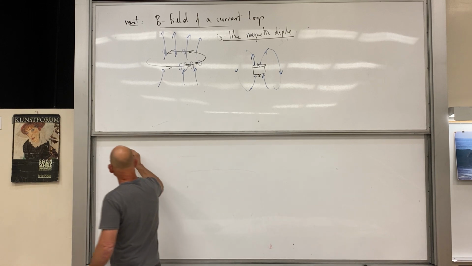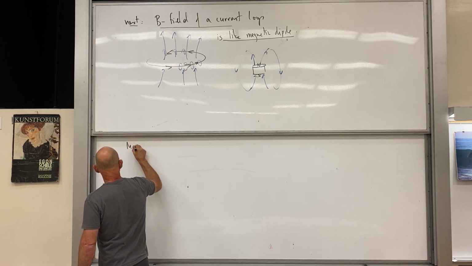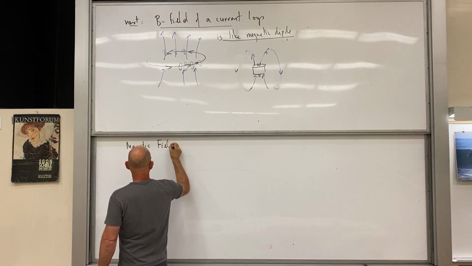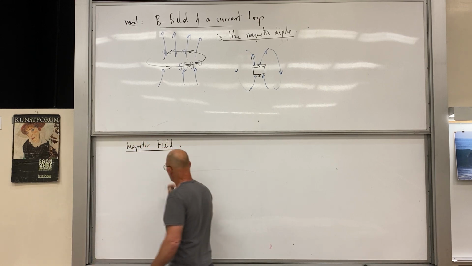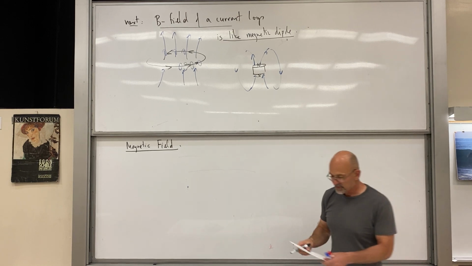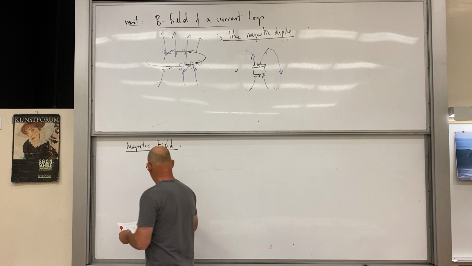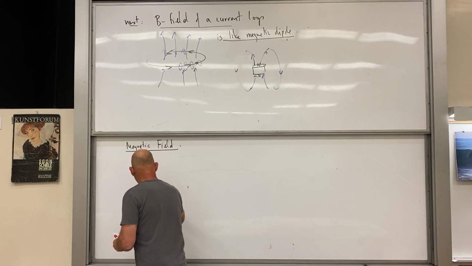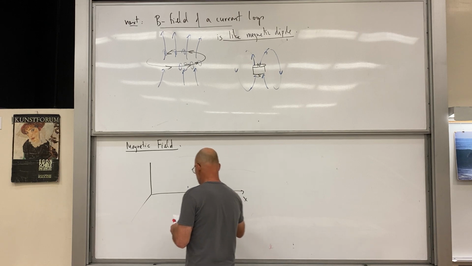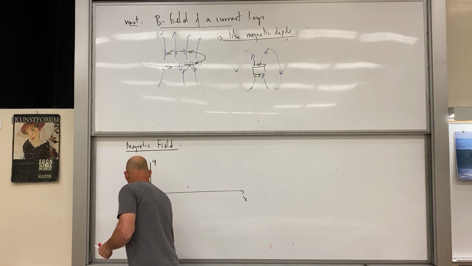Let's call this the magnetic field, and it's going to be on the axis of this current loop. So let me set this up. We're going to have X, Y, Z axes.